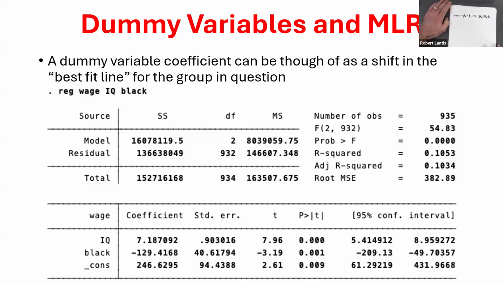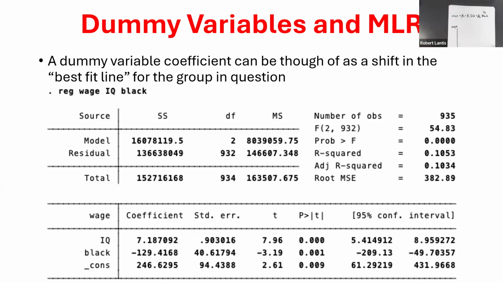So let's say I run this regression. I'm going to try to give a visual. What I'm interested in is this relationship between IQ and wages. So for a second, think of this as a dummy variable, an indicator variable: 1 if the individual identifies as Black, 0 if not.